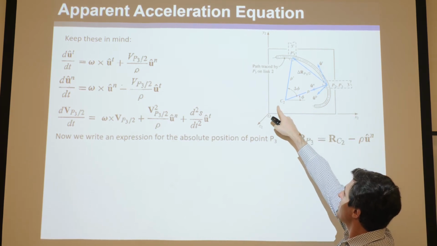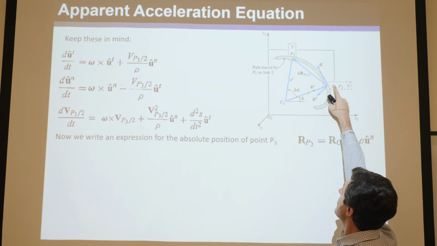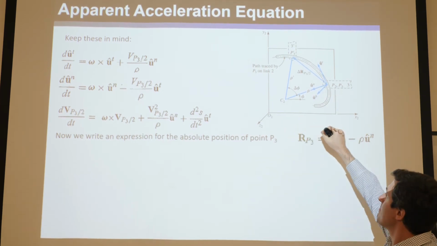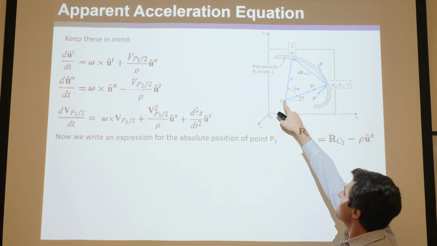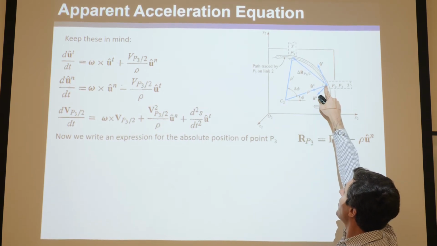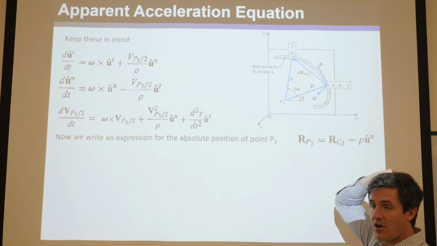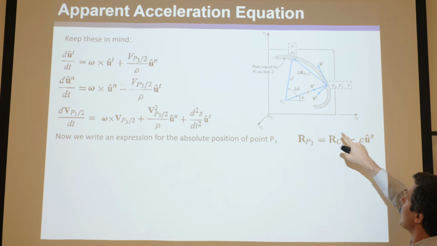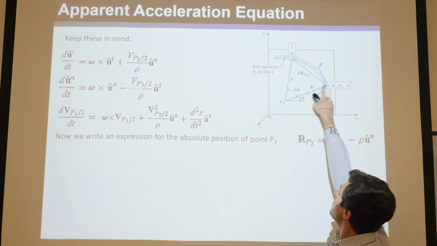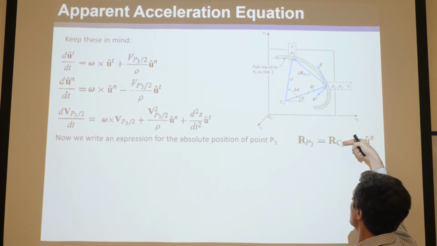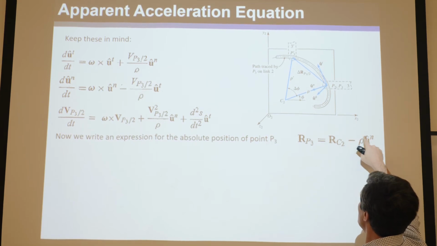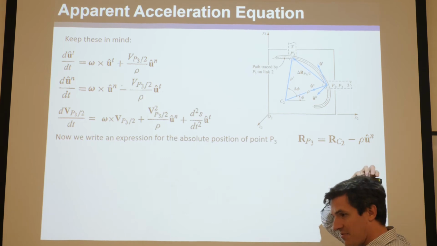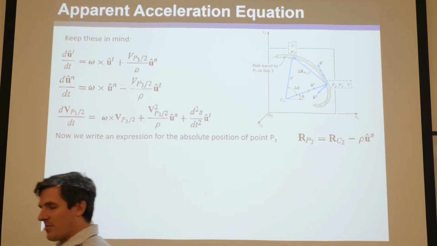If you want a vector that points from C2 to P3, remember P3 is on 3, but at that point it's coincident with P2 at this instant. And remember, this is the center of the circle that's tangent to this point, and rho is its radius of curvature, and UN is pointing in. So negative rho UN is a vector that points from C2 to that point. So if you take RC2 minus rho UN, you're going to go a vector there plus a vector there, so you're pointing to RP3. Okay, so that is a vector that points to RP3.